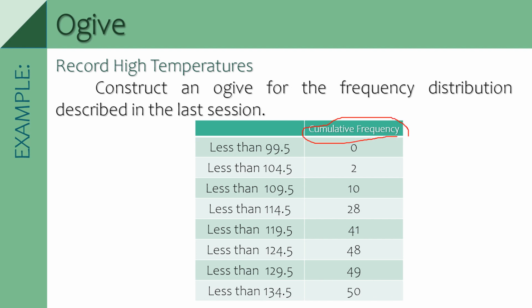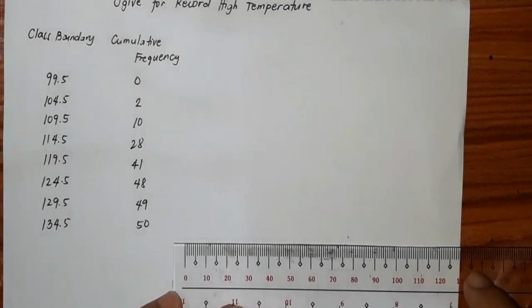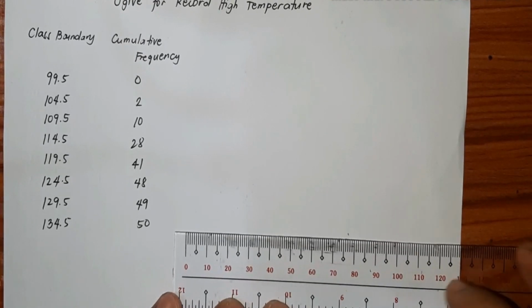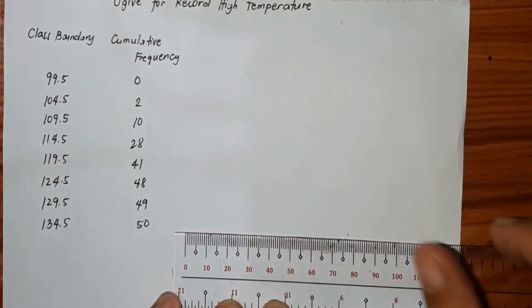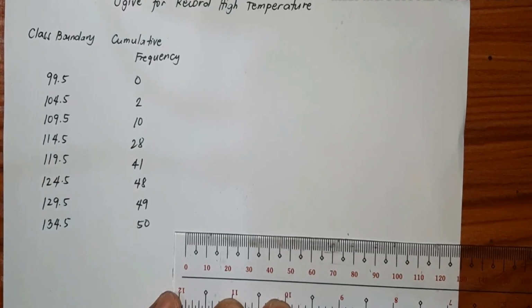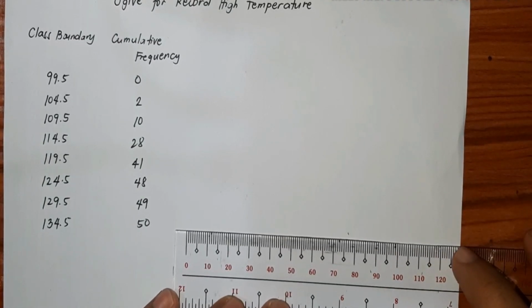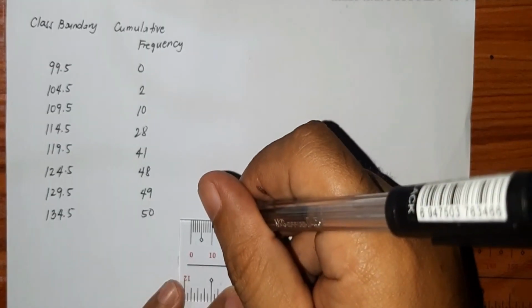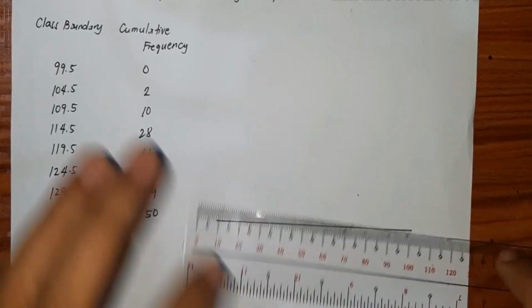Okay, and then itong mga less than 99, less than 104. Itong mga points na to, ito yung gagamitin natin to create the Ogive. So this is how to construct Ogive for record high temperature. Just like what we did sa histogram and frequency polygon, let us have first the horizontal and vertical axis.